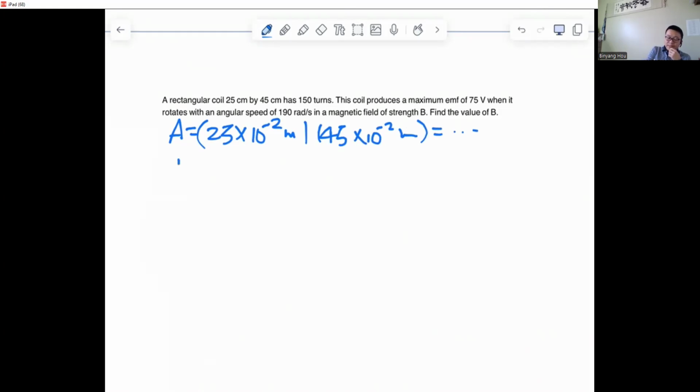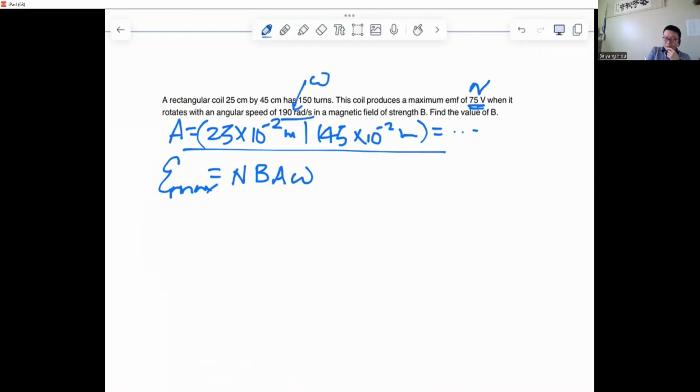This 75 is the maximum EMF, and we know from the previous slide that the maximum EMF should be N, the number of turns, times B field times A times omega. We have N, A is this up here, and omega is given, so then we can calculate the B field.